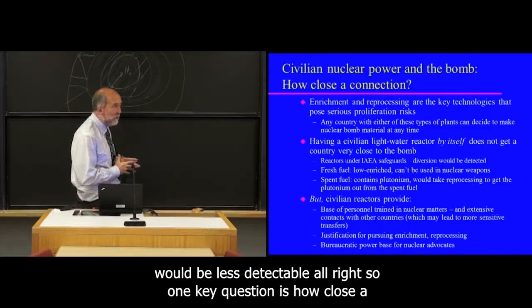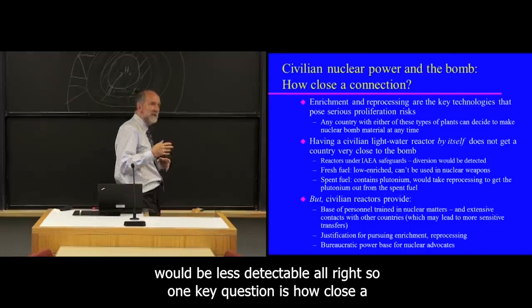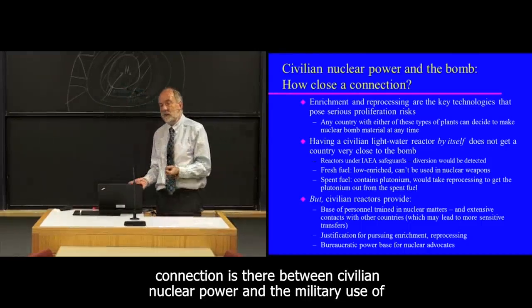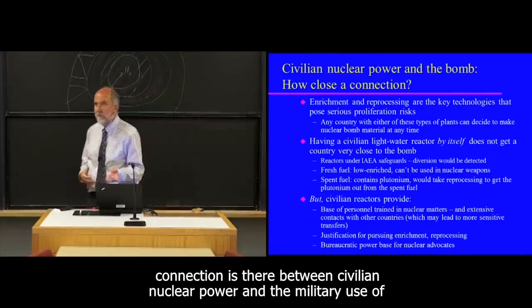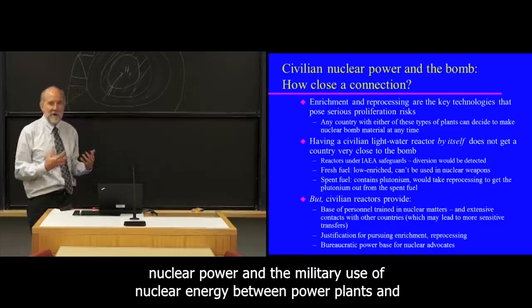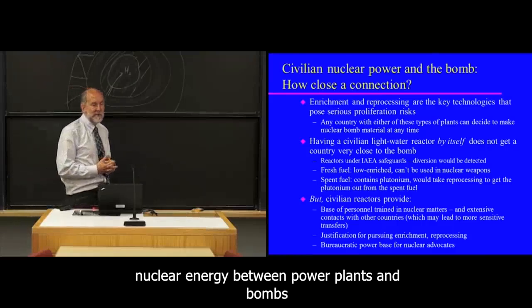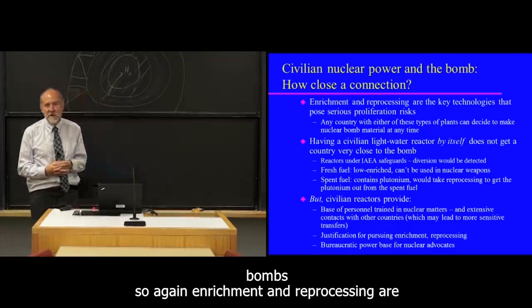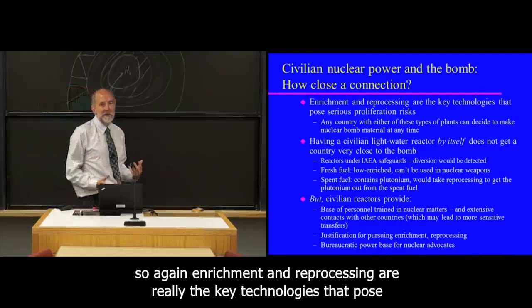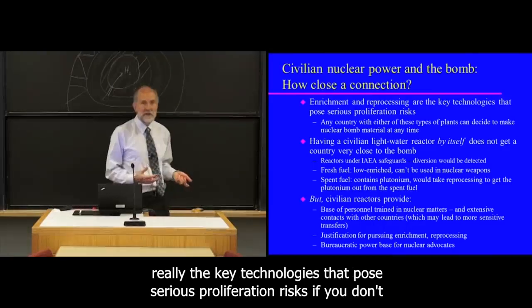All right, so one key question is, how close a connection is there between civilian nuclear power and the military use of nuclear energy, between power plants and bombs? So again, enrichment and reprocessing are really the key technologies that pose serious proliferation risks.